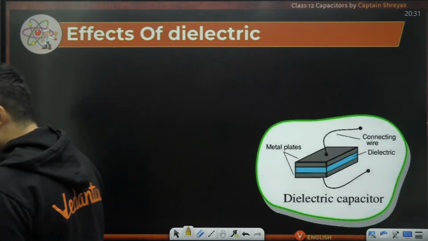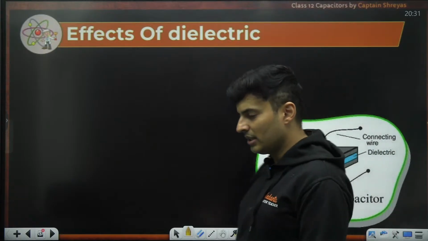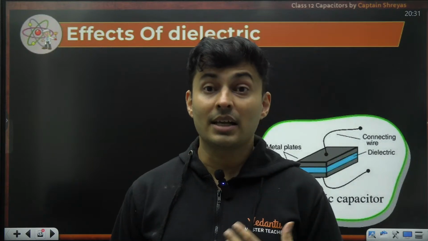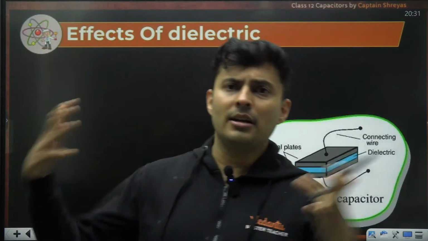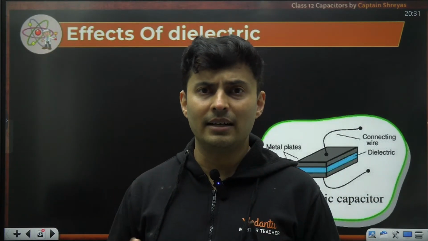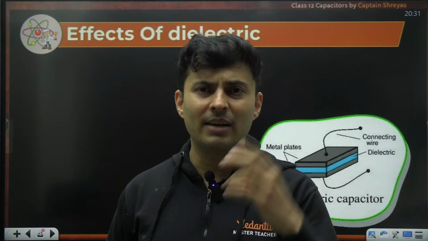Effects of dielectric. Remember, we have already discussed what a dielectric is. It's a non-conducting material which reduces the field by some extent, like ceramics, wood, plastic, paper, water. So if 100 volts per meter of field is entering a medium, and let's say it becomes 50 after entering the medium, it reduced by a factor of 2.